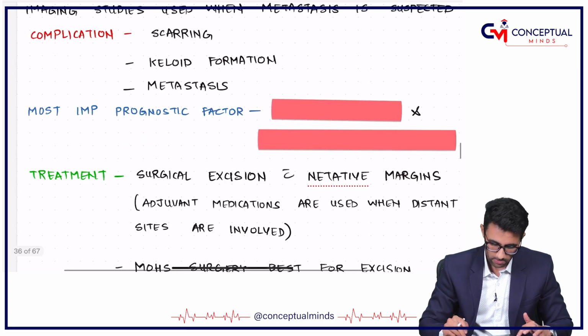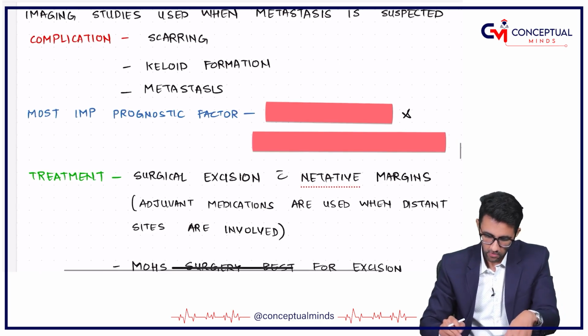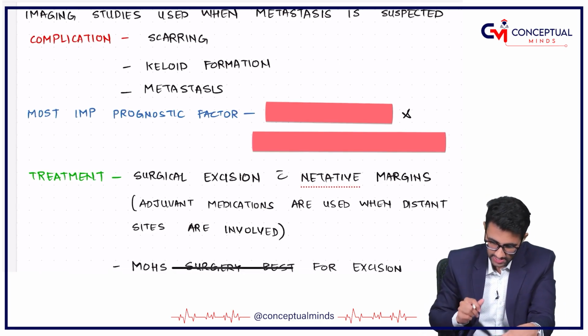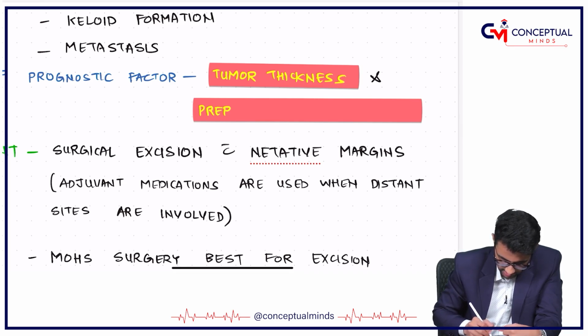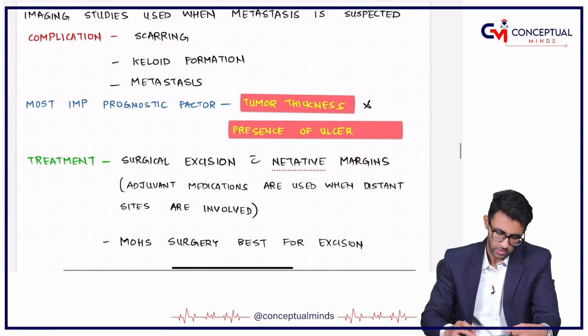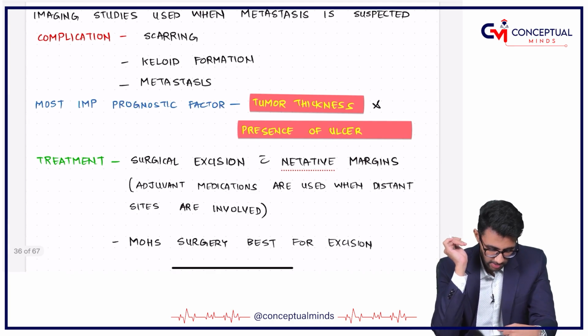So the most important prognostic factors are the tumor thickness and the presence of ulcer. Presence of ulcer is going to be the prognostic factor.